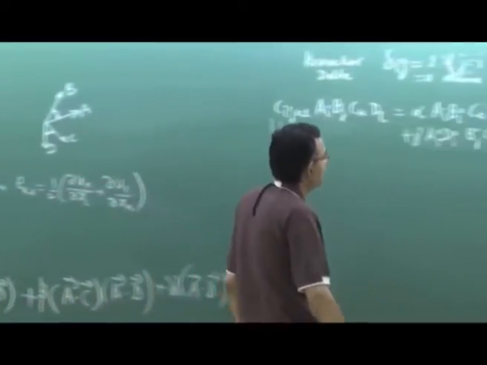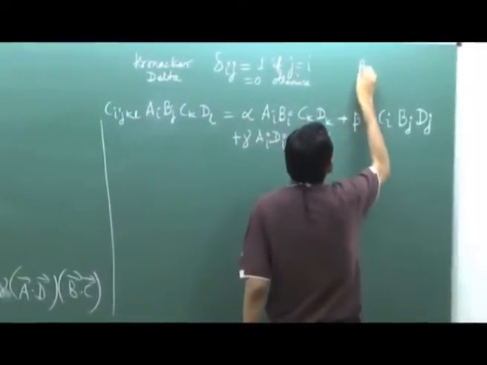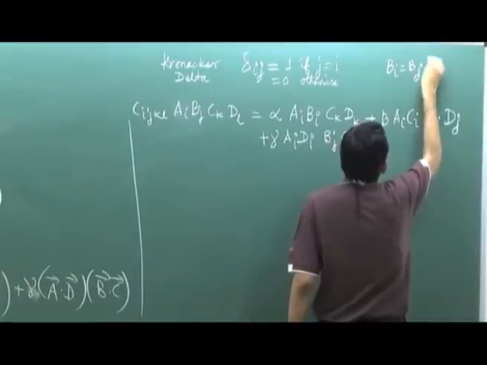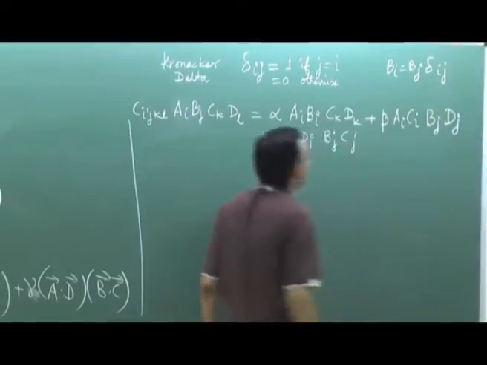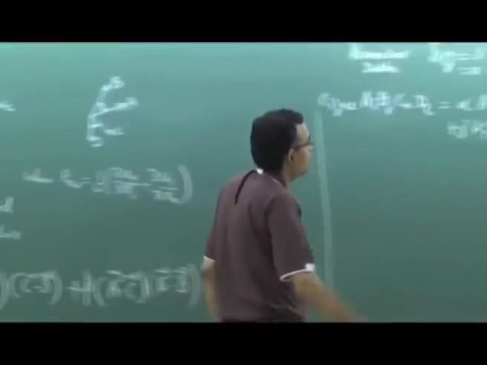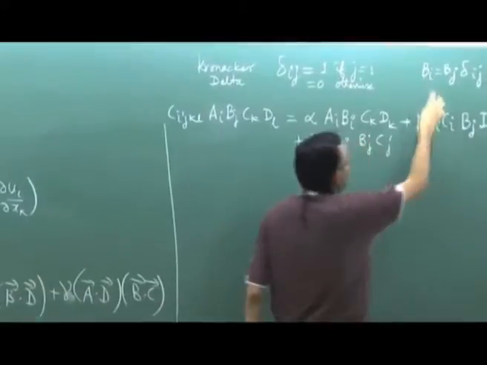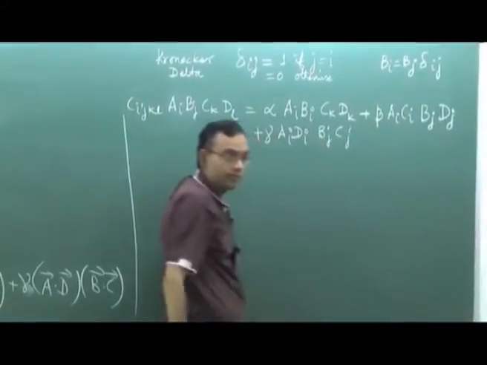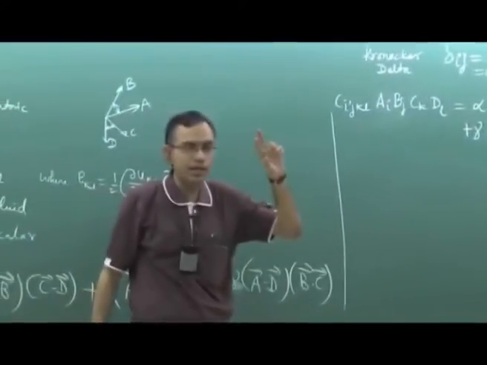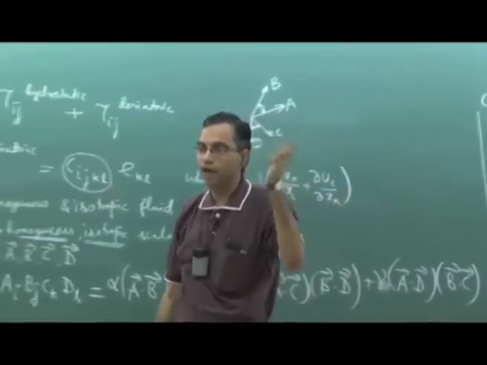So you can write B_i is equal to B_j into delta_ij. Why? Because delta_ij is equal to 1 if j is equal to i. When j becomes i, B_j will become B_i and this will become 1. So you can see this is how you can switch index from one to the other.